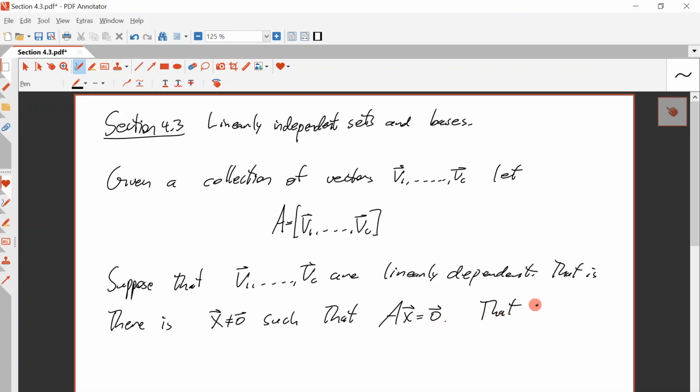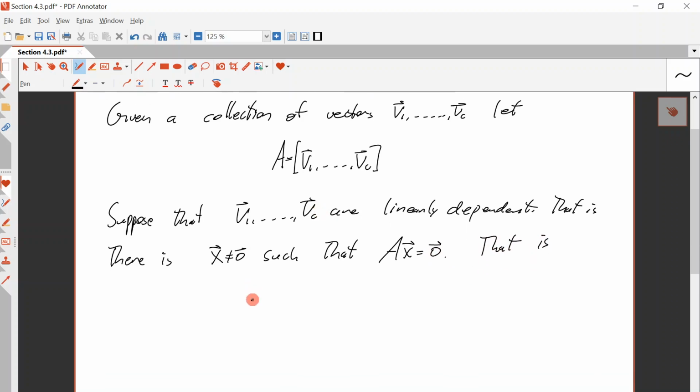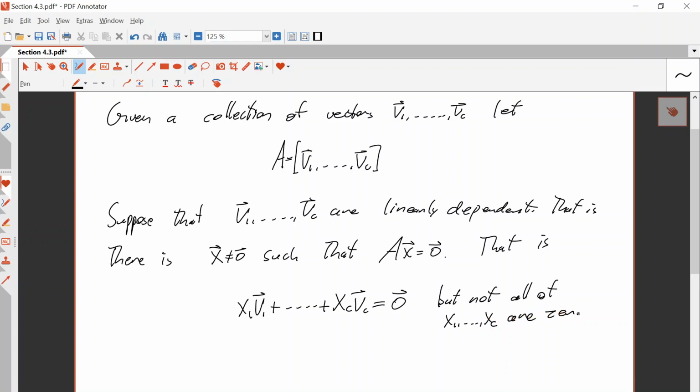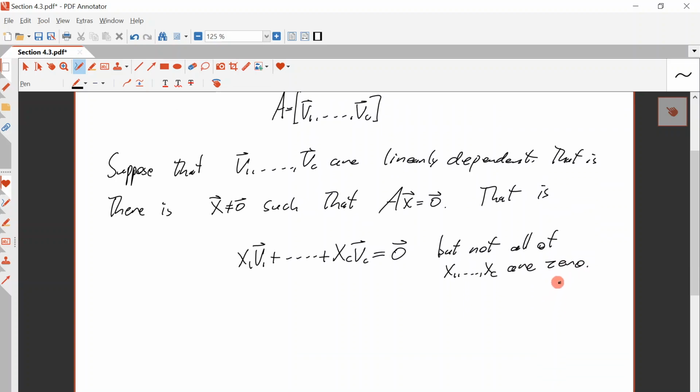That is, the linear combination x1 v1 through xc vc is equal to 0, but not all of x1 to xc are 0. Some of them might be, but not all of them. Say that x1 is not equal to 0.